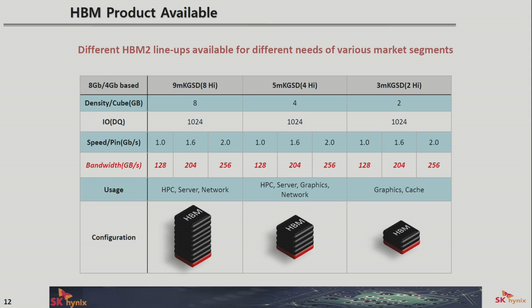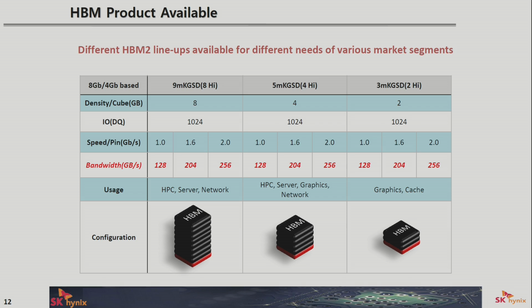Currently, HBM is available in 3 product lineups in the industry, ranging from 2 gigabyte up to 8 gigabyte densities. The beauty is that all of these density solutions have the same footprint, and they can provide the same bandwidth.